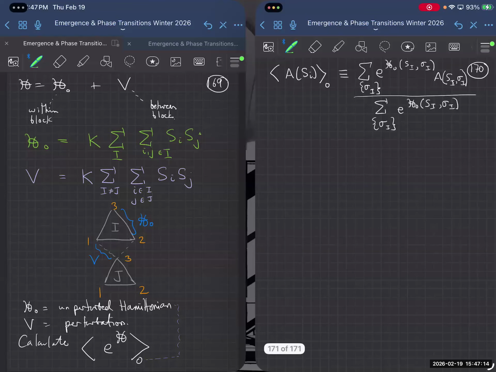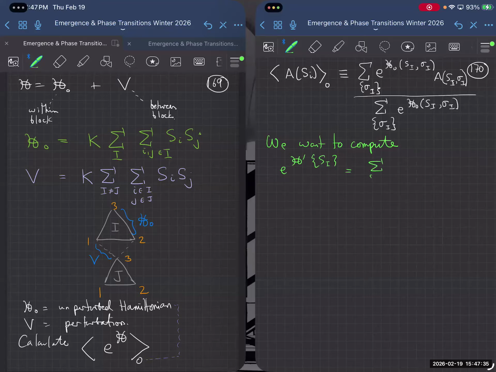Okay. Now we want to compute e to the H prime of S_i, and that, as we saw, is the sum over the sigma_i's of e to the H, and it's e to the H naught plus V, like that.